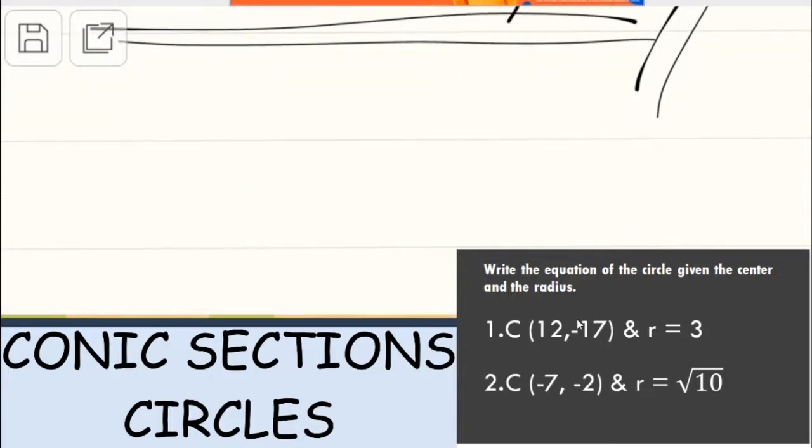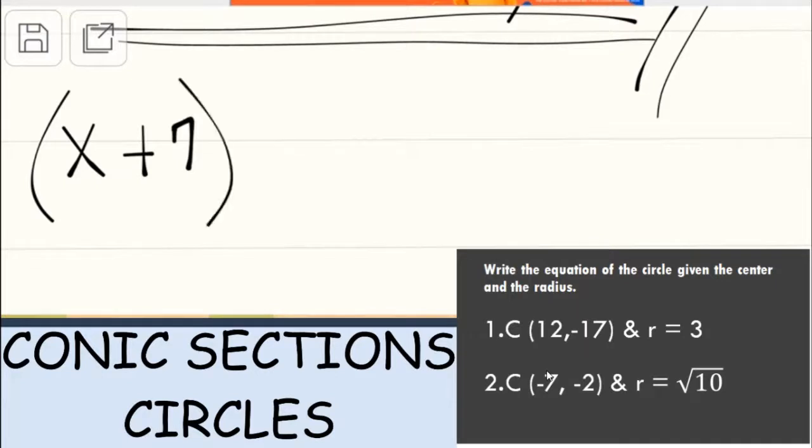Then in number 2, same. x, the opposite of negative 7 is positive 7, squared, plus, negative 2, so it becomes positive 2.